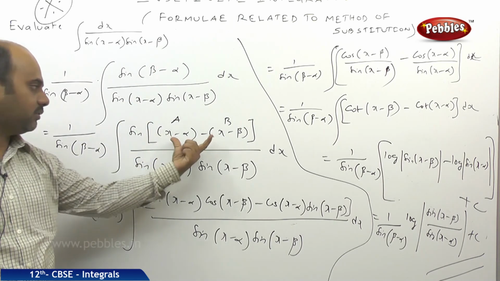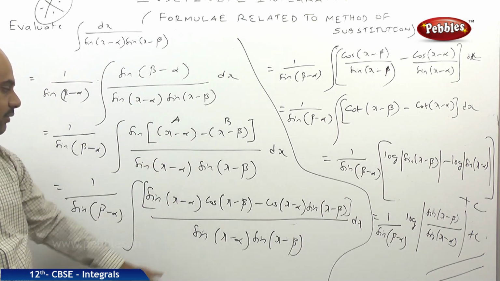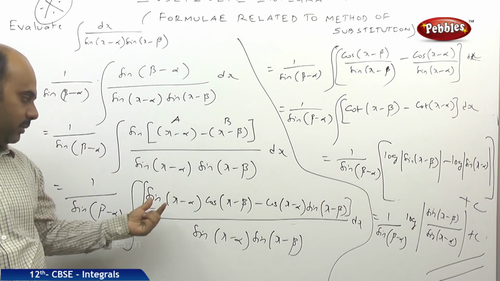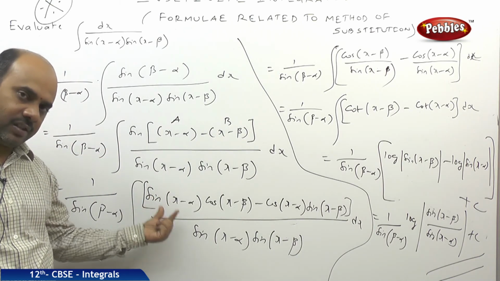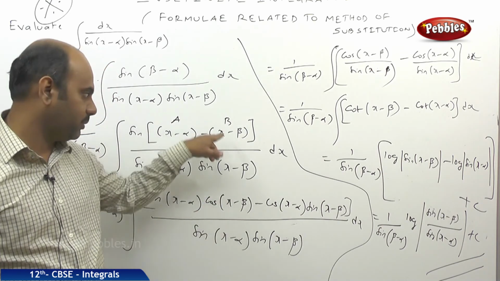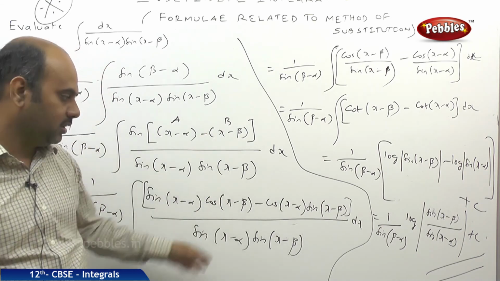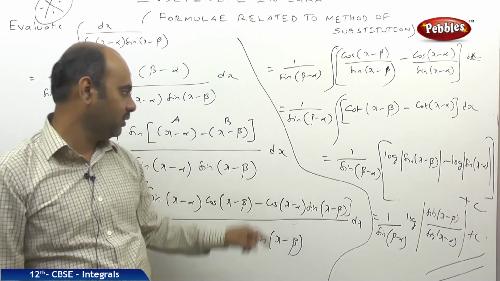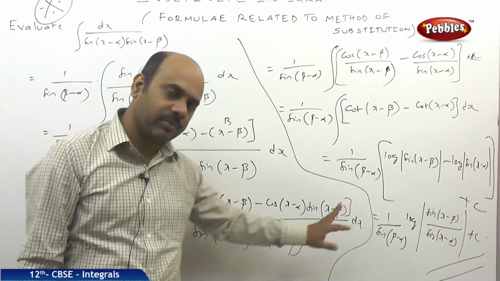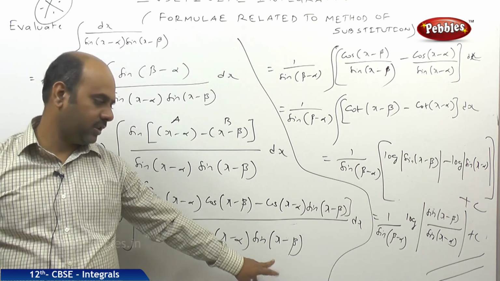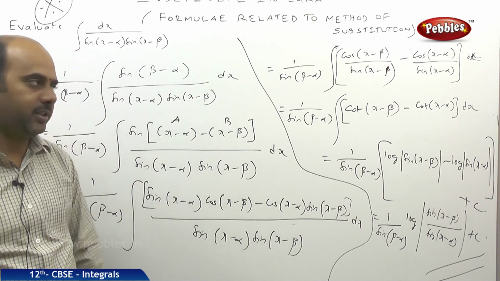This beta minus alpha can be written like this, and if you observe carefully, this is like sine of (a minus b). Sine of (a minus b) means sin a cos b minus cos a sin b. Sin a means sine of (x minus alpha), cos b means cos of (x minus beta), minus cos a means cos of (x minus alpha) into sin b means sin of (x minus beta), whole divided by sin of (x minus alpha) into sin of (x minus beta).